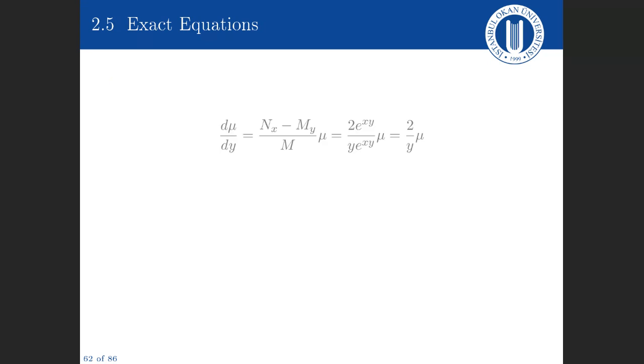So we want to solve dμ/dy = (2/y) μ. And I'm not going to do this now. I'll leave this for you to solve. Please fill this in, check that my calculation is correct, check that you get the integrating factor y².